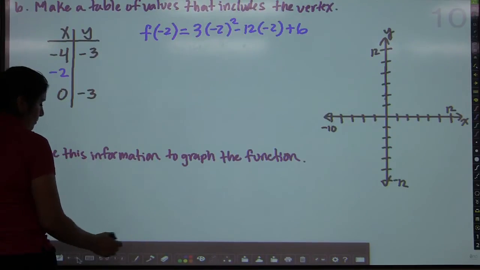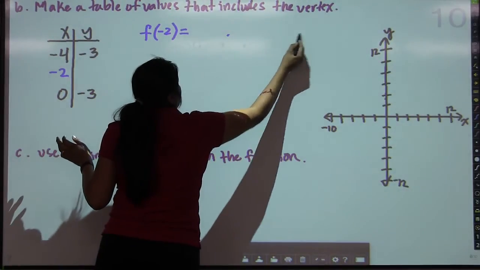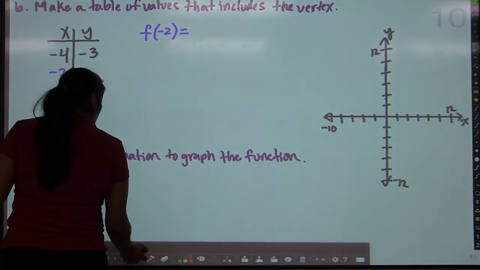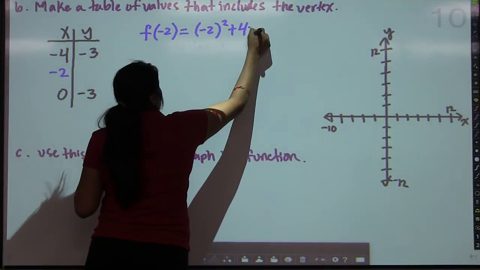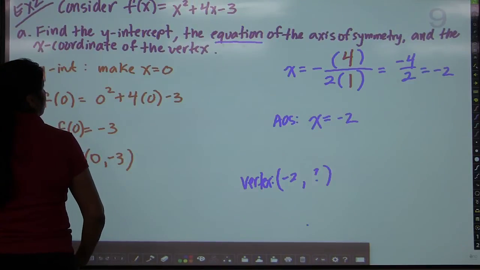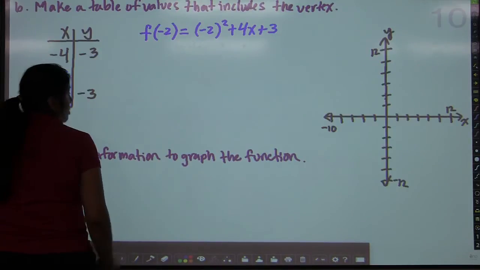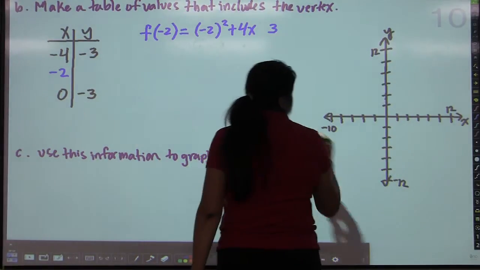I was using the other example, sorry. So it was x squared plus 4x minus 3, so we're going to plug this guy in there.